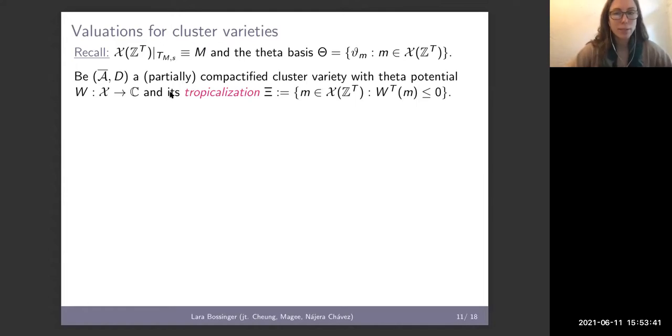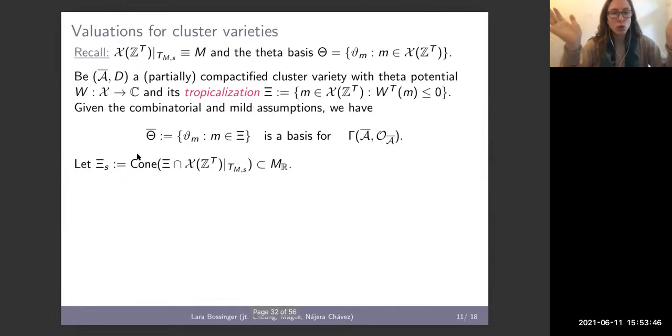Now in the compactified case, the superpotential is used to cut out parts of this space X trop, such that the lattice points in that cone, or in that region, say, still correspond to regular functions on the compactified cluster variety, and moreover, they should still form a basis.